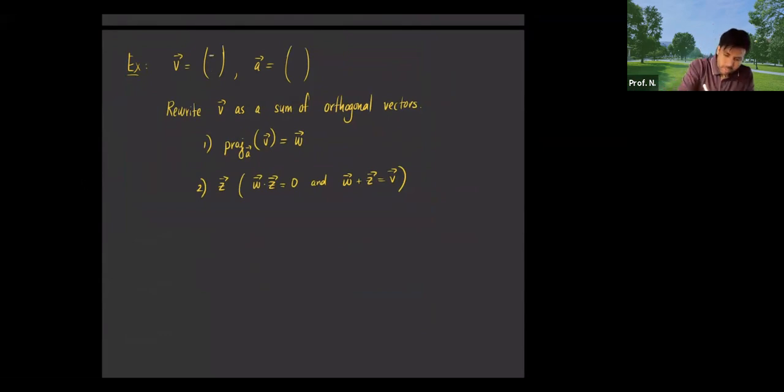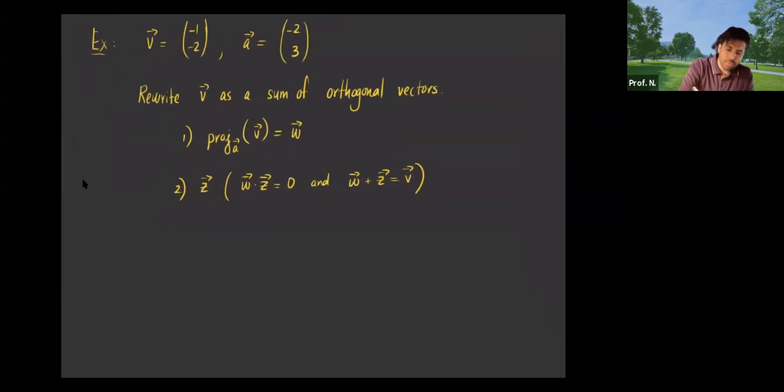I'll give you -1, -2, and -2, 3. So I think this one will have a different outcome. So again, let me draw this out. So here we have -1, -2, 1, 2. So this is -2, and you're given this vector here, which is V. And then I want to look at -2, 3.